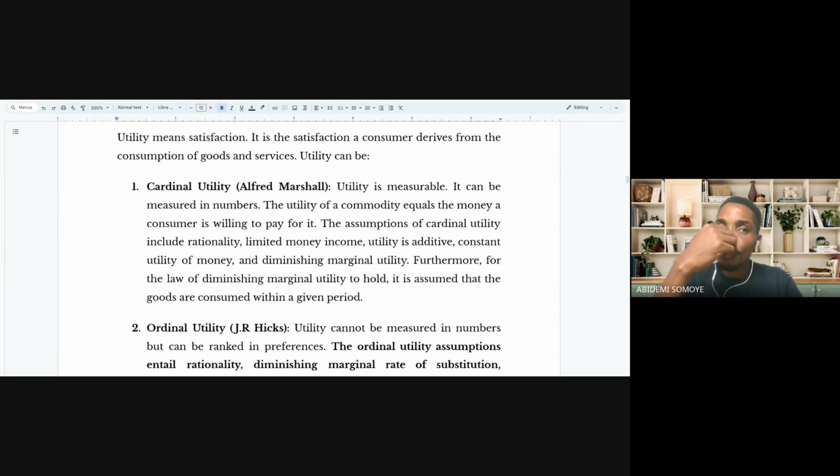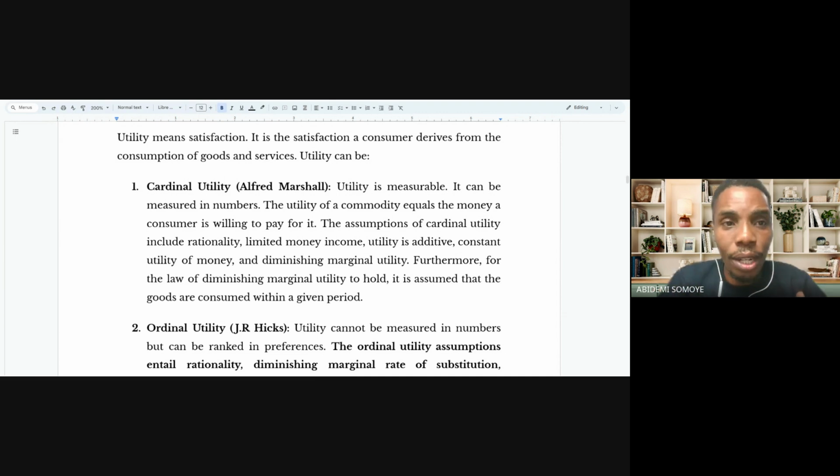But if we take a look at general human behavior, human beings are expected to be rational. Even in their behavior, you can easily tell how someone is going to behave. Just observe their pattern over time. You can tell how they're going to behave.